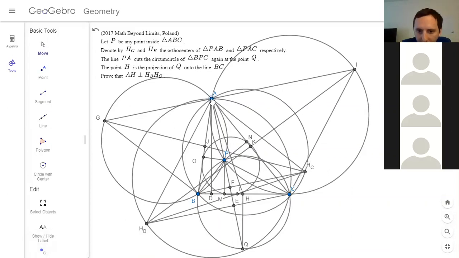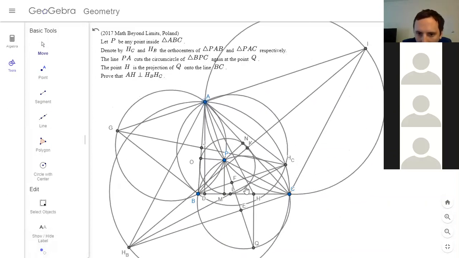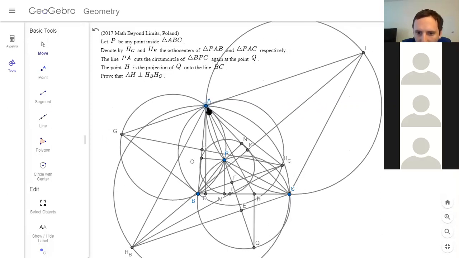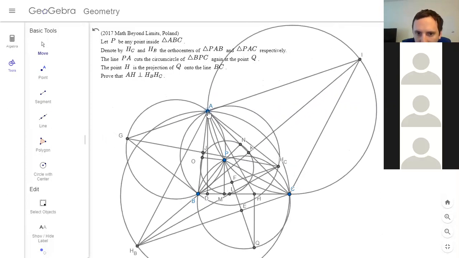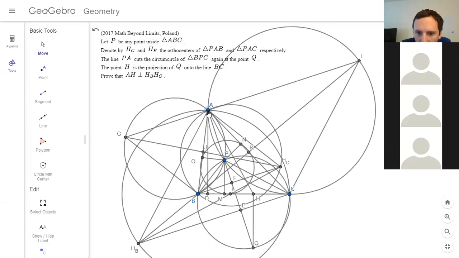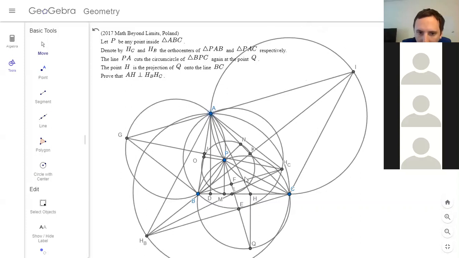I wonder if AH, yeah, it looks like these also intersect on the circle, which is interesting because we want to show AH is perpendicular to HBHC, but it looks like the two intersect on this circle.